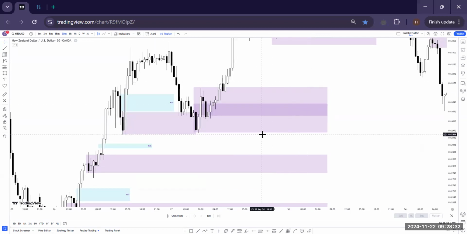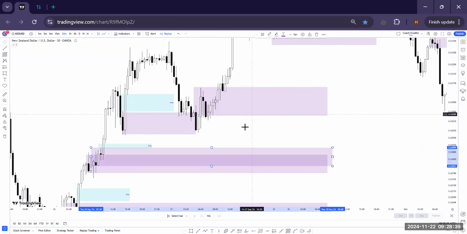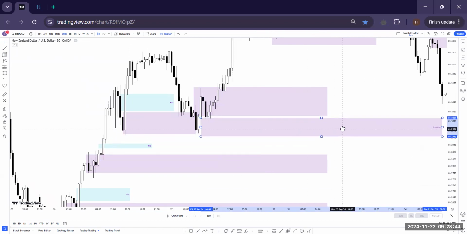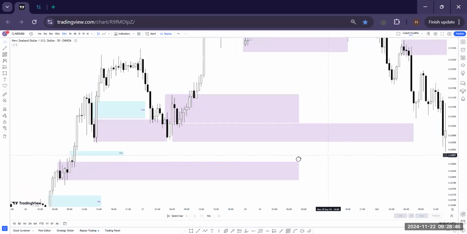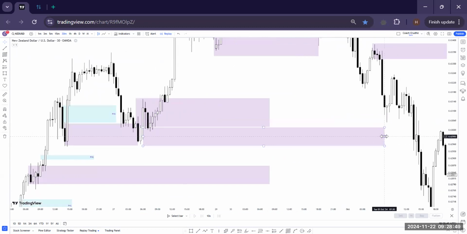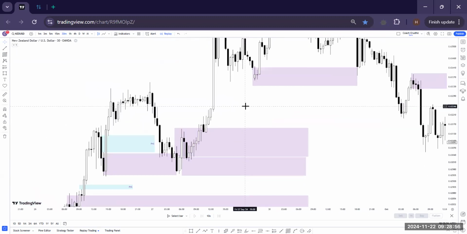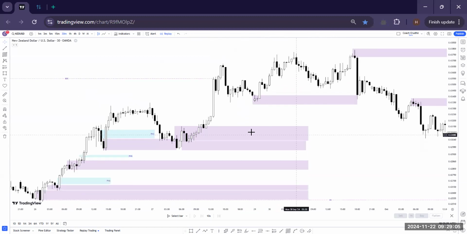So do we have another order block? This particular wick here is another block. So I'll mark that. I'm just trying to mark everything. That does not mean you should mark all your charts with order blocks. Once you get used to it, you'll be able to identify all the valid ones.